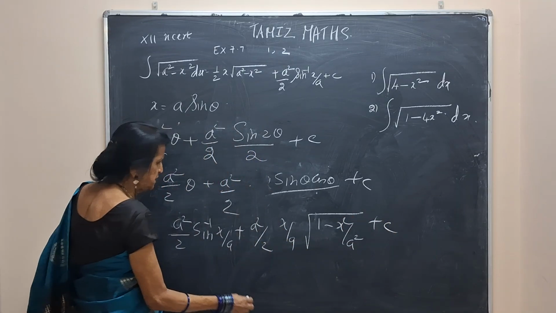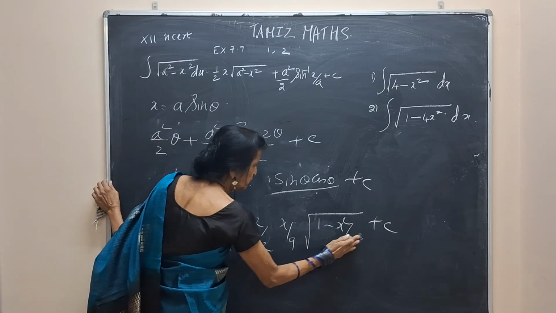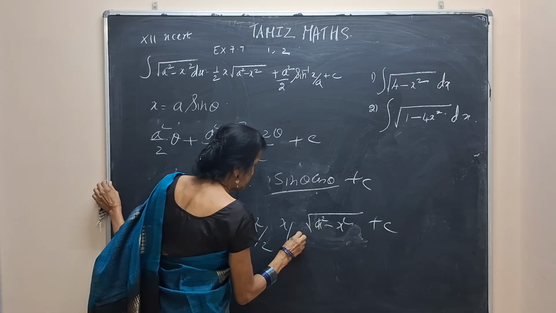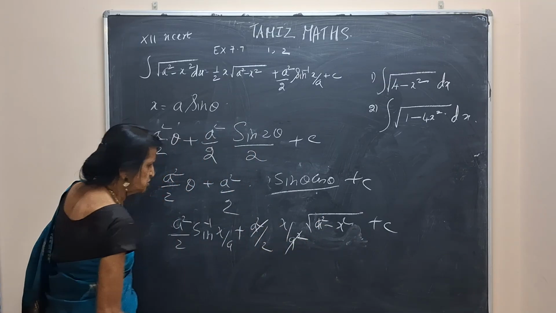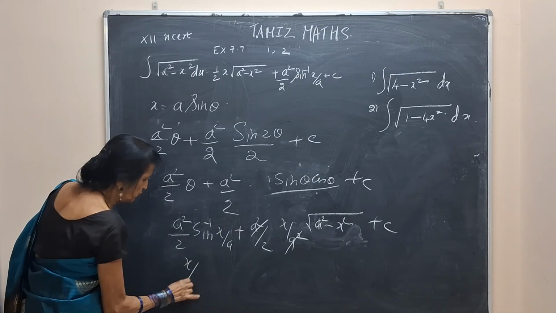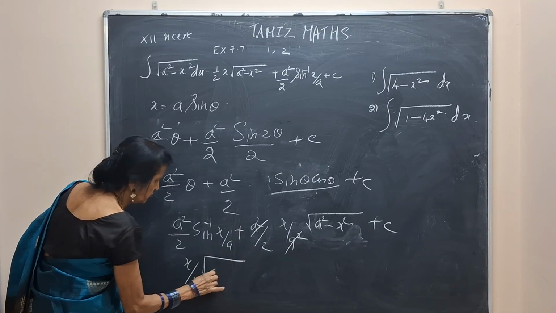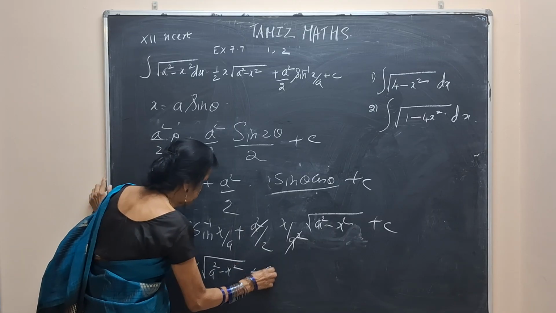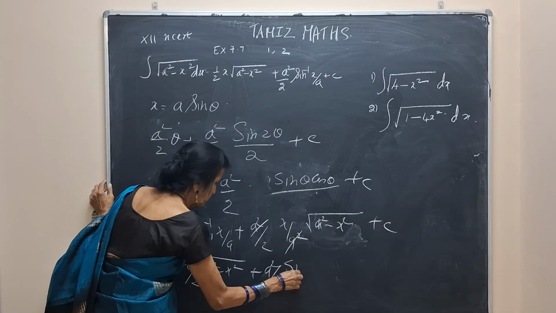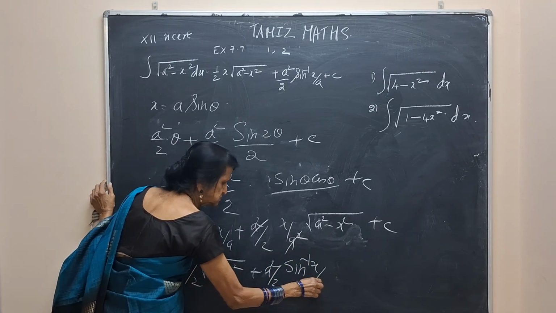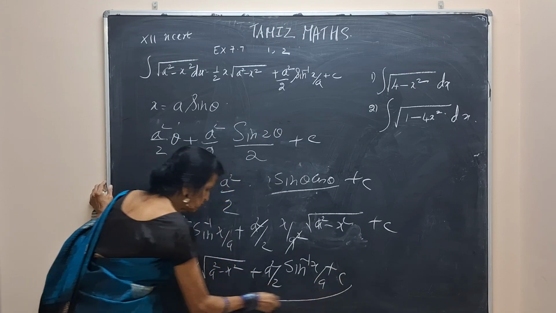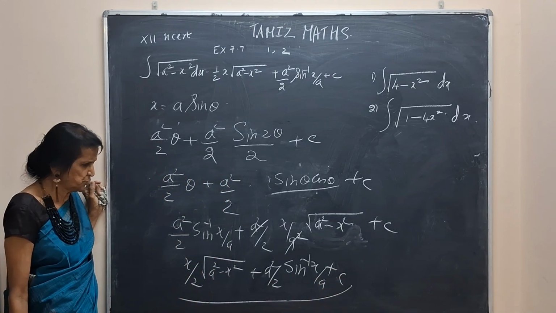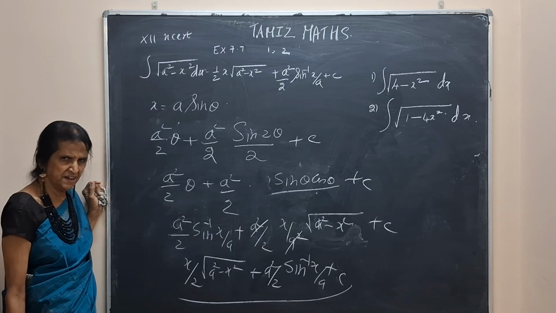In the next step, you take the LCM, this is a square, and with that root it will become a. So what you get, this is the way to remember: x by 2 root of a square minus x square plus a square by 2 sine inverse of x by a.